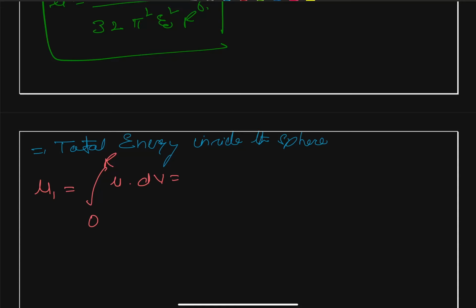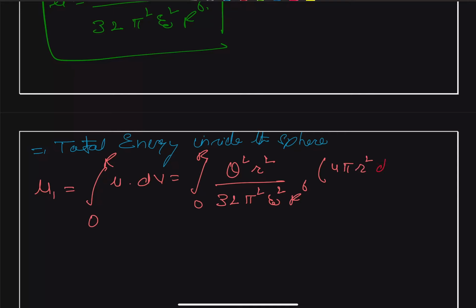And u we just found out, so this comes as the integral from 0 to capital R of q square r square divided by 32 pi square epsilon naught square R to the power 6, and the volume will be 4 pi r cube, so dV comes as 4 pi r square multiplied by dr.